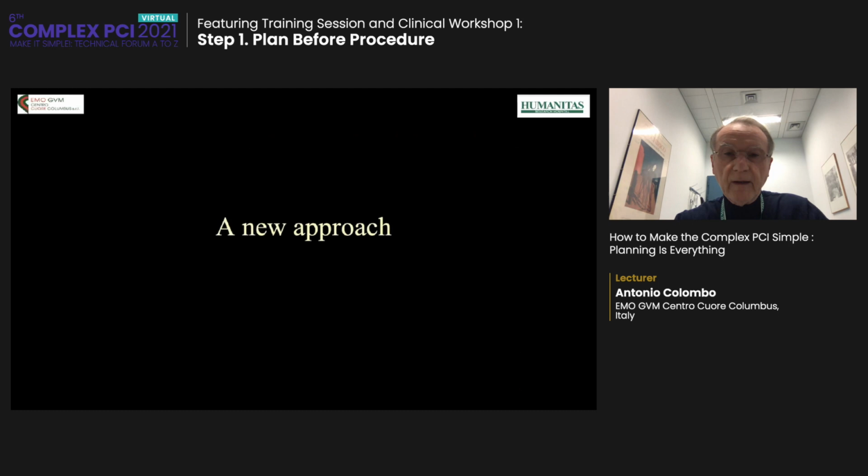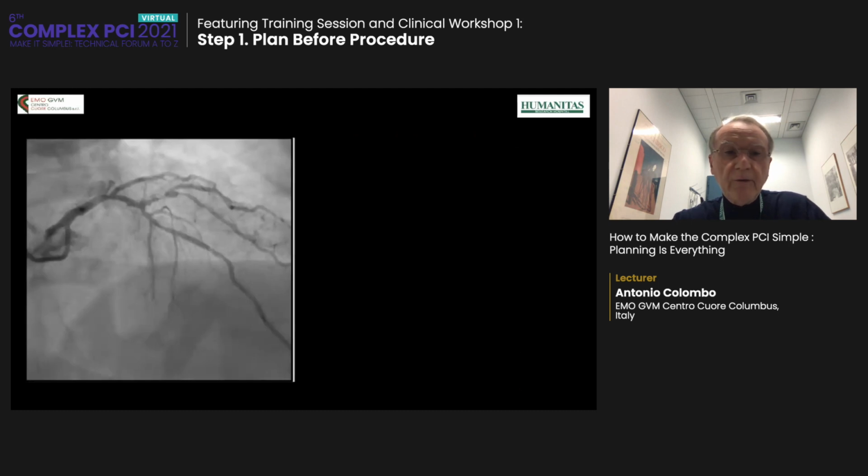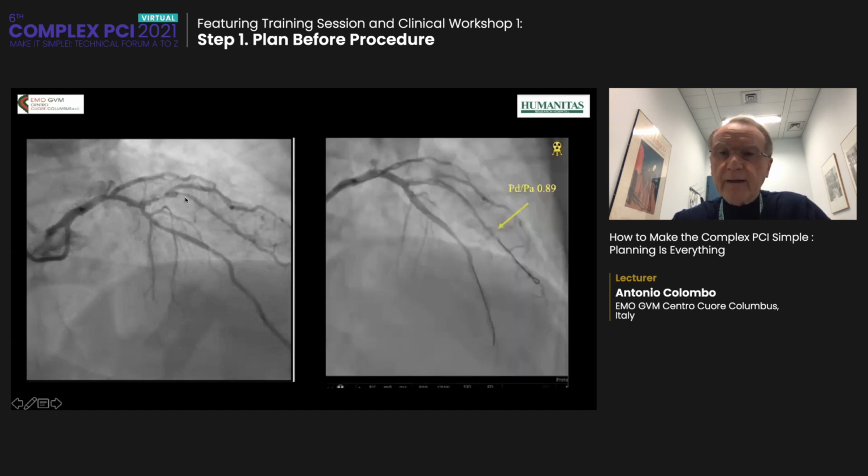A new approach. Here you see a complex bifurcation with a long disease on the diagonal branch. We decided to take a stent in the LAD, but then to treat the diagonal branch with balloon.